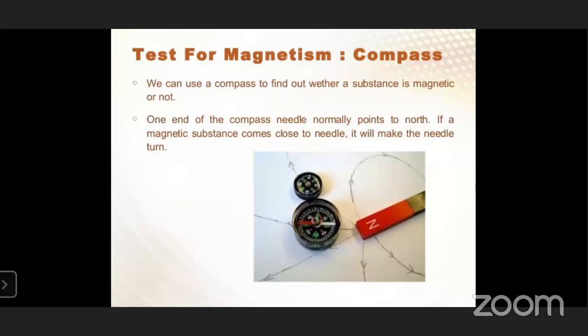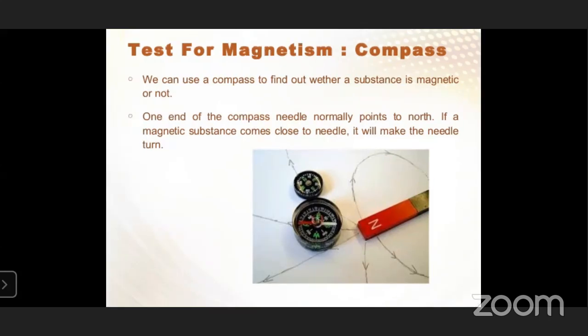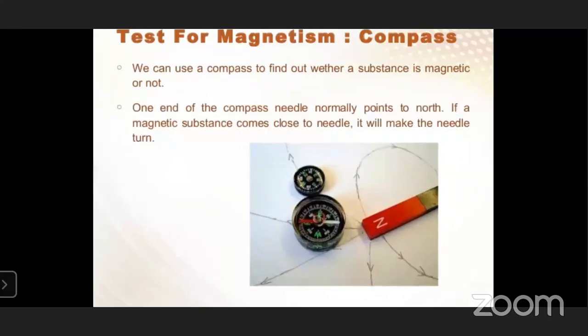This is the point: a bar magnet always has two poles. The north pole is called N and the south pole is called S, the north direction and the south direction. So a magnet always comes to rest in the north-south direction. In each case, the end marked toward the north is known as the north pole of the magnet.